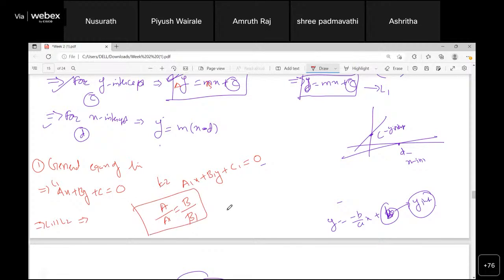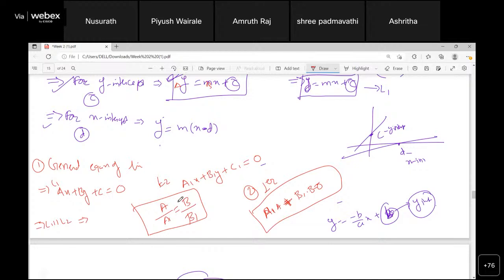And for perpendicular, what is the necessary condition for these two lines? The product of m1 and m2 should be minus 1, that is a1 a2 plus b1 b2 equals 0. So a1 into a2 plus b1 into b2 equals 0, right? That is for perpendicular.